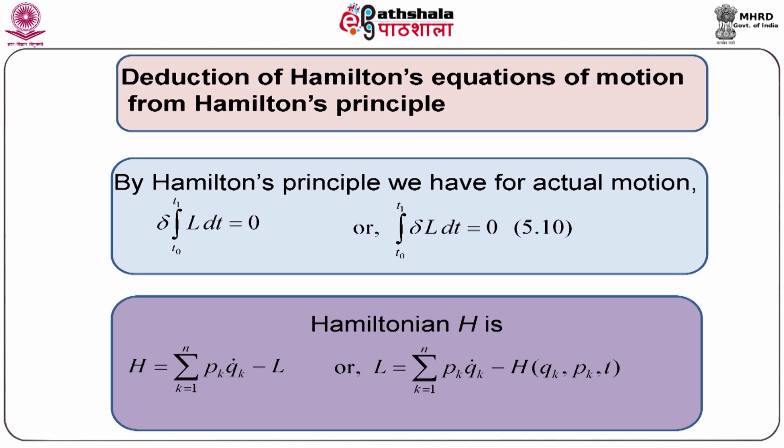Now the Hamiltonian H is given by H equal to summation k equal to 1 to n of pk qk dot minus L, or L equal to summation k equal to 1 to n of pk qk dot minus H, a function of generalized coordinates qk, generalized momenta pk and time t.